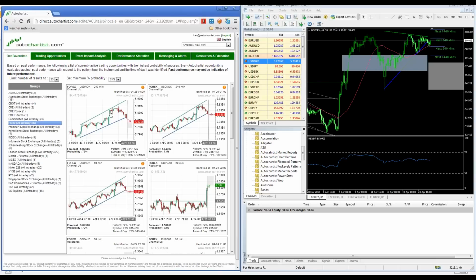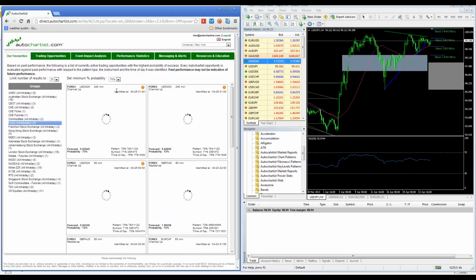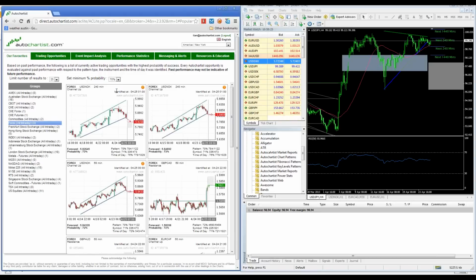So we can see immediately that Autochartist has done a lot of the work for us in terms of filtering information based on the probabilities. So these probabilities we see in front of us are all over 65% probable based on past probability. Now, obviously, past probability may not be indicative of future performance. That's, again, my legal people talking in my ear again for me.